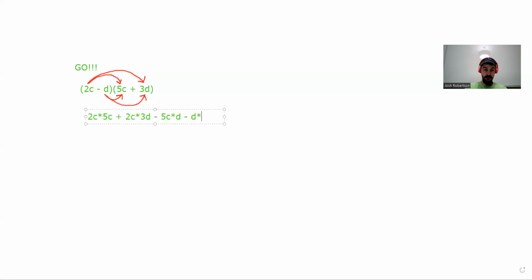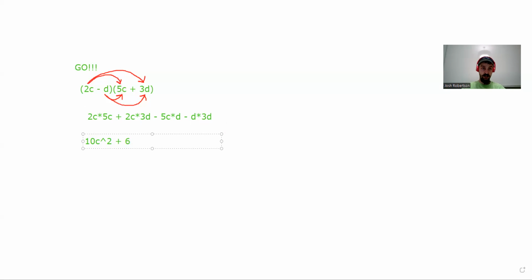minus d times 3d, right? So 2c times 5c will give you 2 times 5, which is 10, c times c, which is c to the 1 plus 1, c squared, right? So 2c times 3d will give you a plus. 2 times 3 will give you 6.